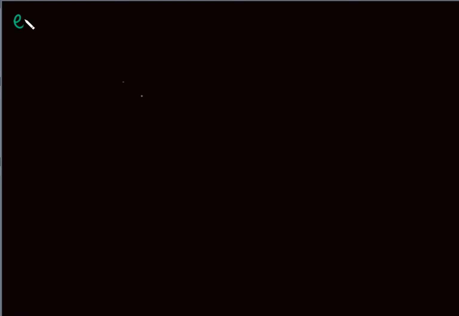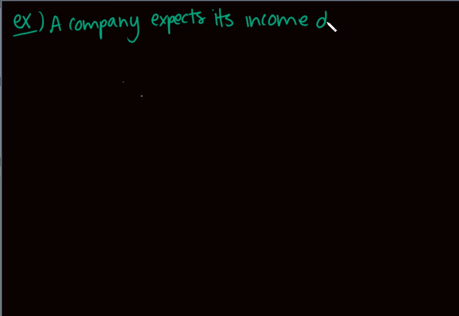Example: a company expects its income during the next 5 years to be given by this function. I'll call this function K of T equals 100,000 times T, and of course this is just for T between 0 and 5. There's a lot of writing in these, but that's okay. Not that we like English better than math, but sometimes you have to explain things.